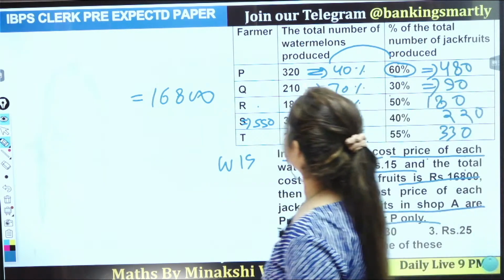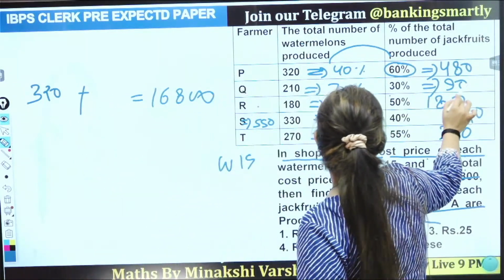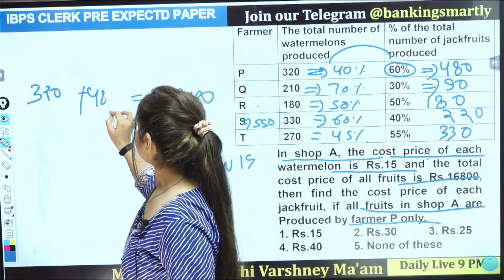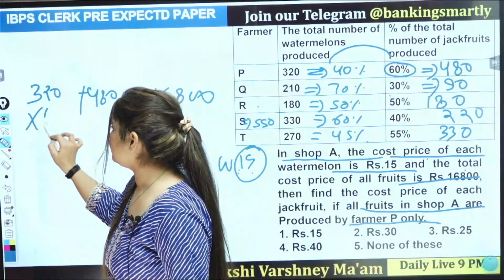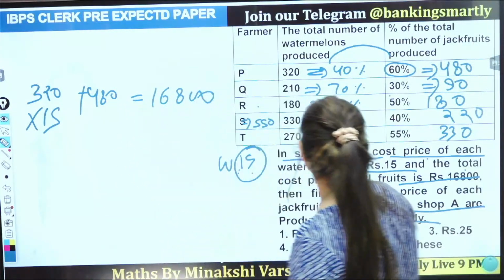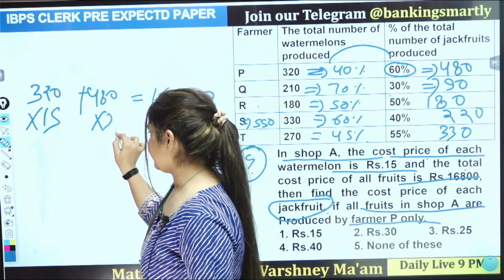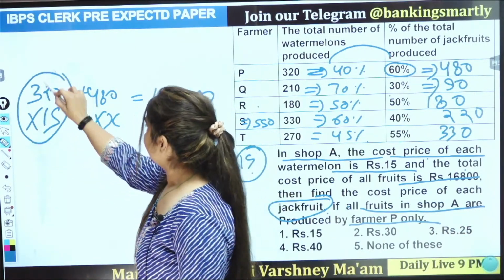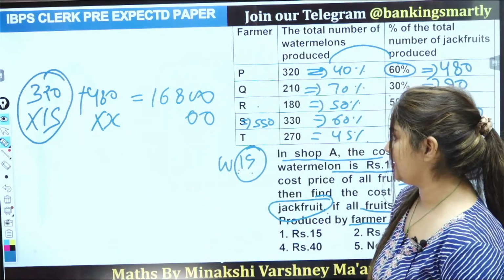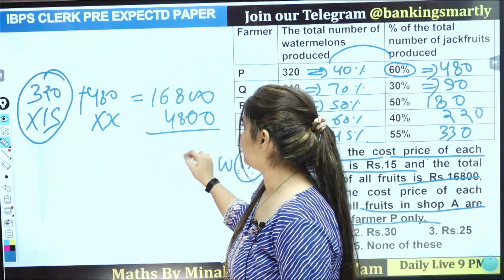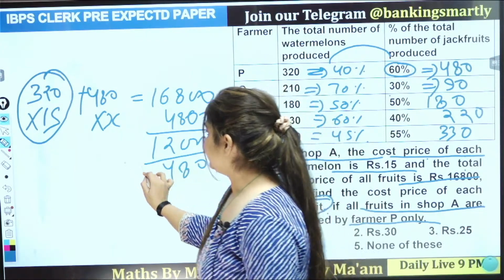Farmer P produced 320 watermelon and 480 jackfruits. The price for each watermelon is 15, so 320 watermelon at 15, and we don't have the price of each jackfruit, so we let it be X. 15 twos are 30 and 15 threes are 45, so we subtract 4800. Then 12,000 upon 480 is the price of each jackfruit.